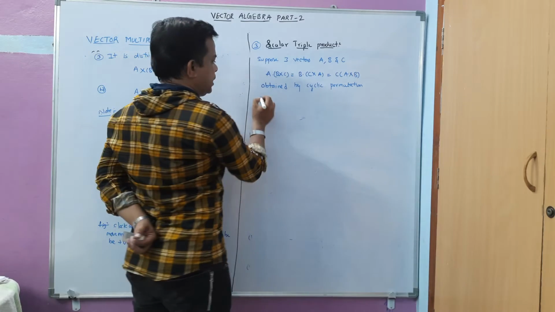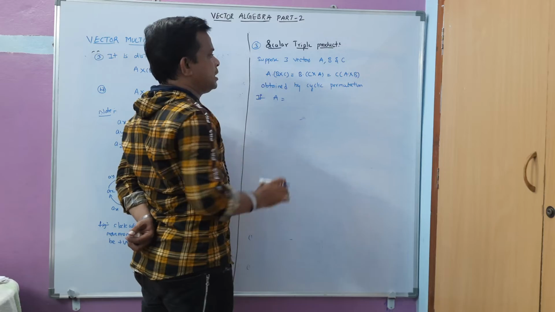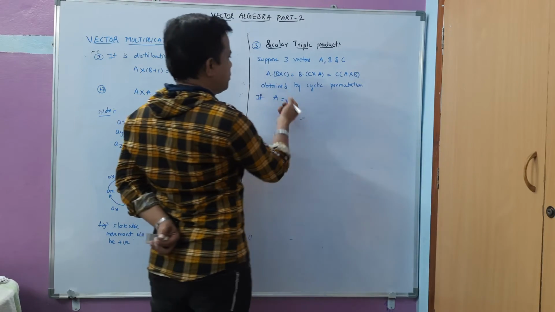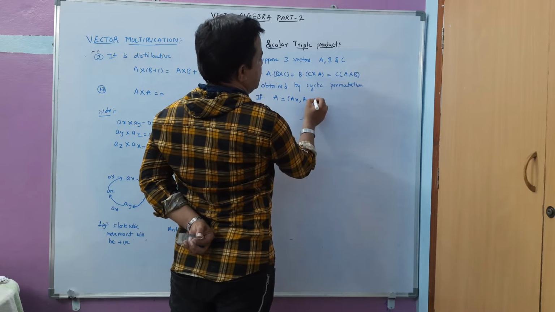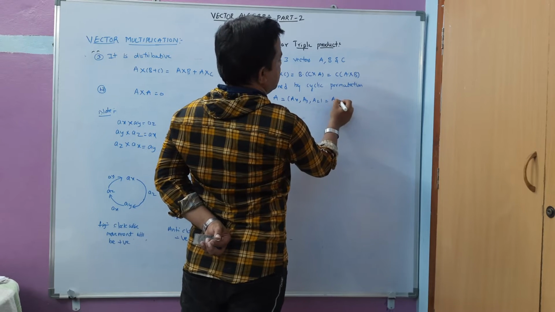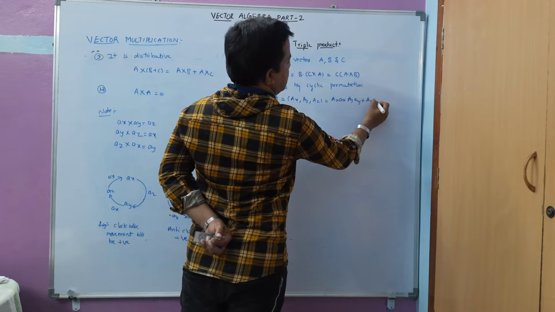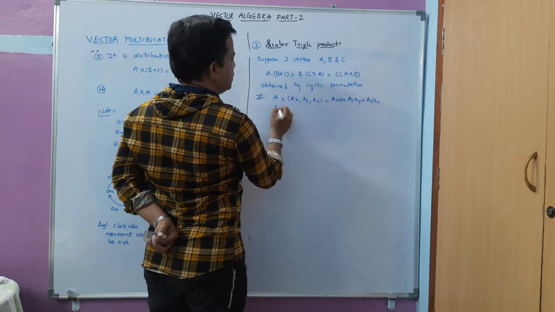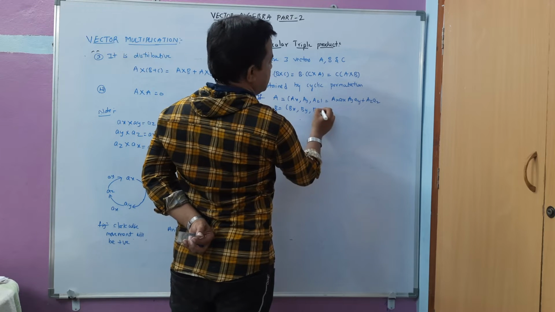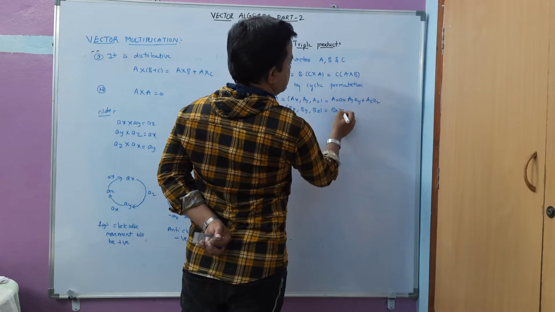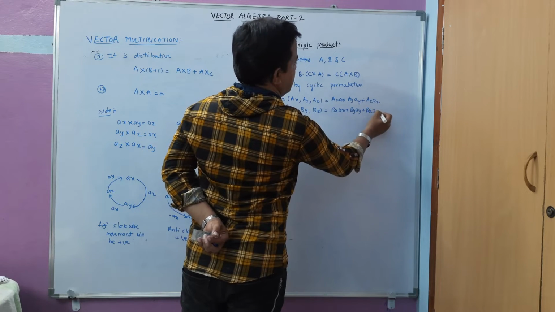If A is given like this, you can also check this result easily by performing this operation. That is, A equals AX, AY, AZ, which is also equal to AX i plus AY j plus AZ k. Similarly, B as BX, BY and BZ, that is BX i plus BY j plus BZ k.